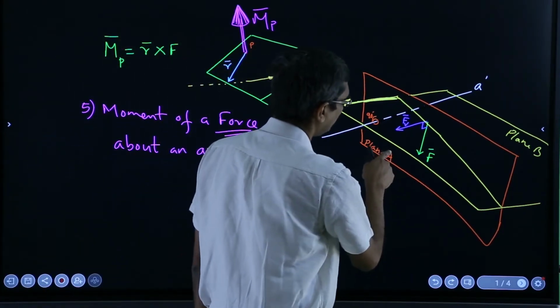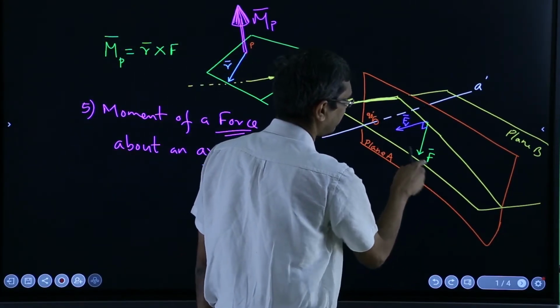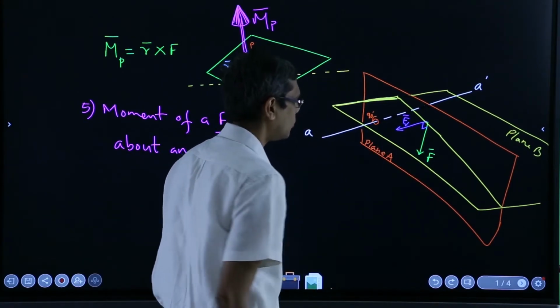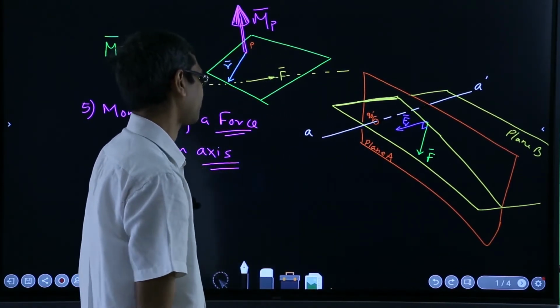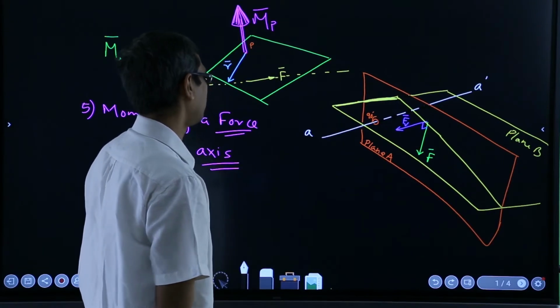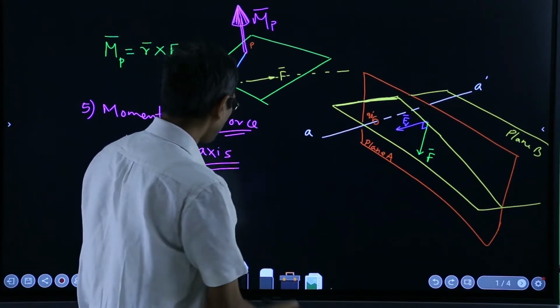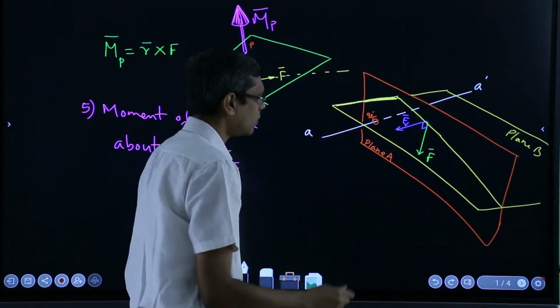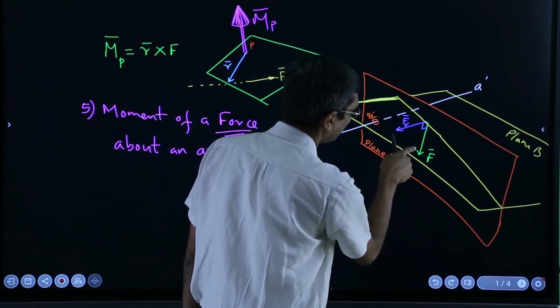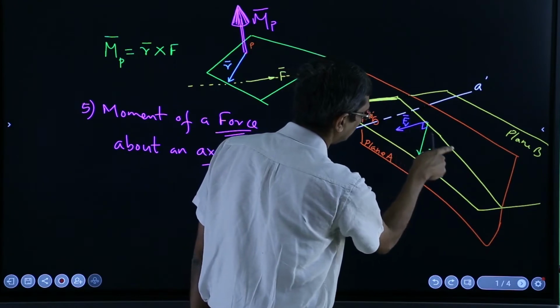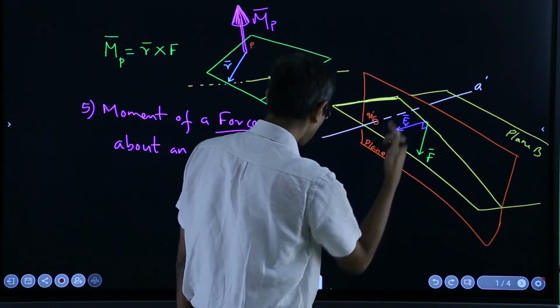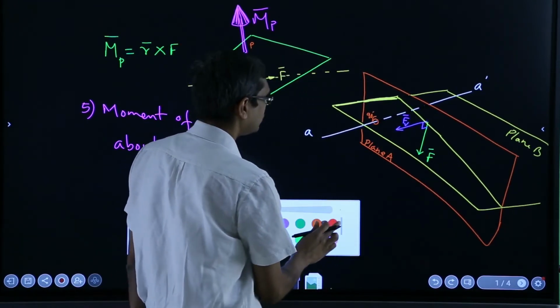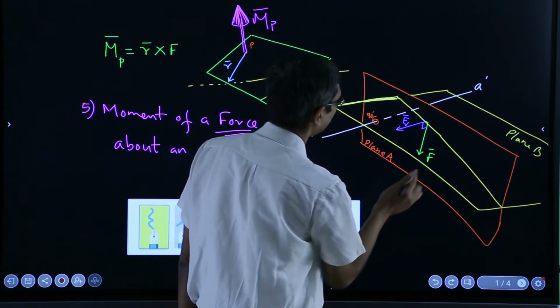And both FV and F are actually lying on this yellow plane. Okay. Now, what happens is you now get a plane on which you can resolve this F to show the other component which is perpendicular to FV, and let that be shown as maybe this.